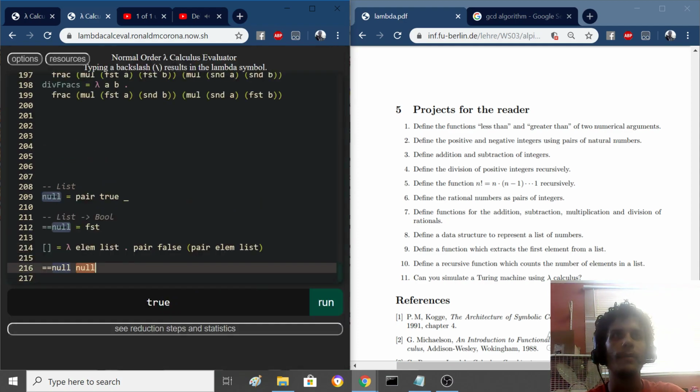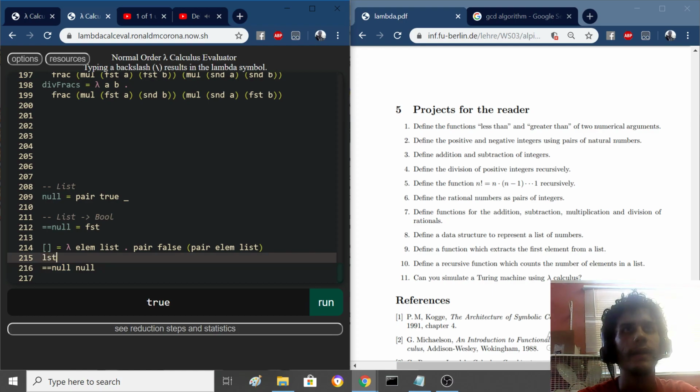That's true. How about a list that we create? I'm just going to call it A, B, C, D, E. So it's going to be a list of A. We append A to B, and append B to C, and append that to D, and then finally null at the end of that.